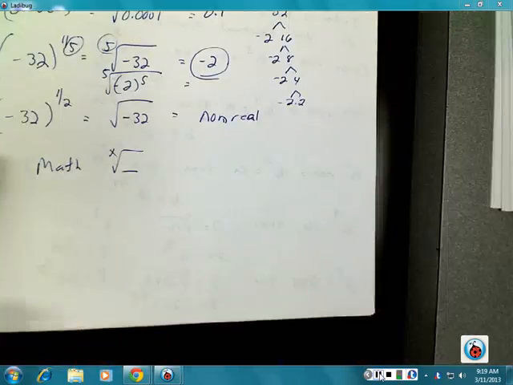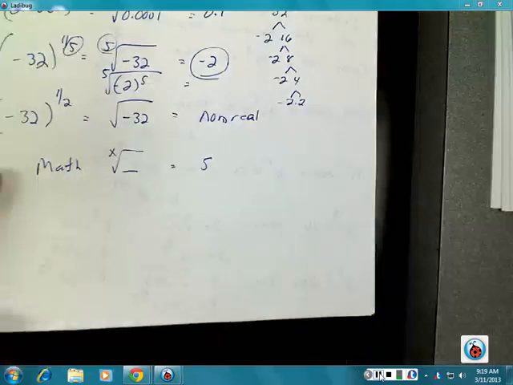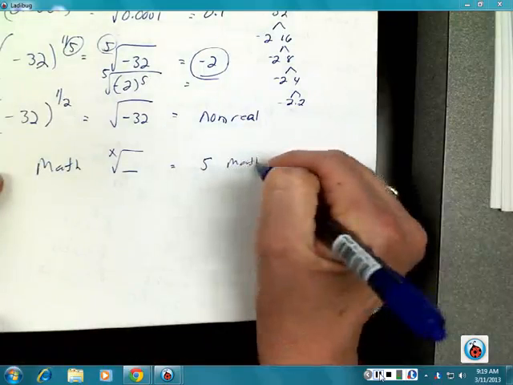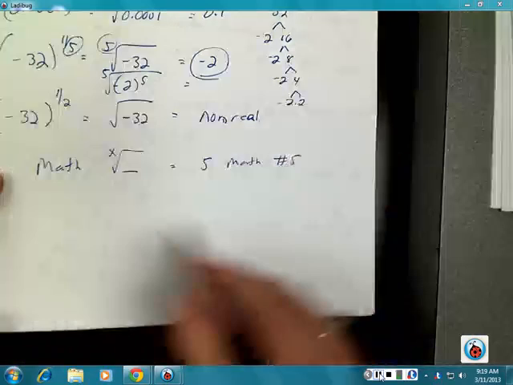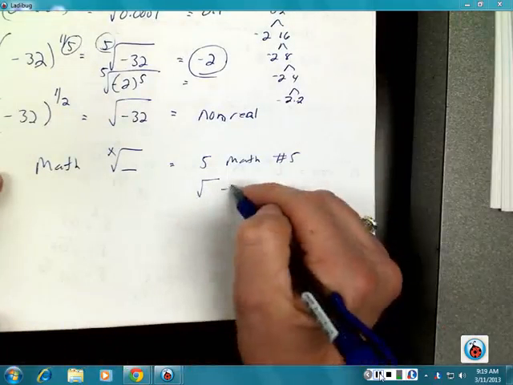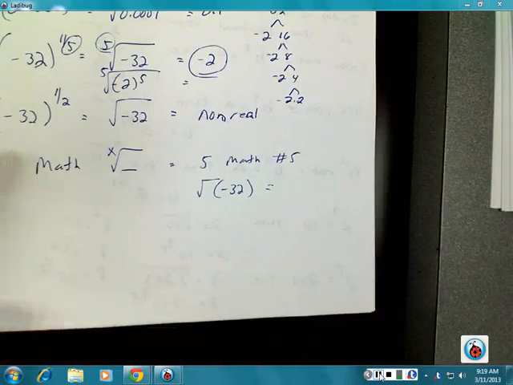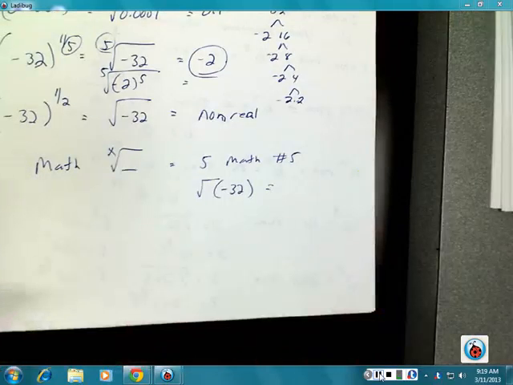When you do these though, you need to put in your index first. So you put in a 5, go to math, number 5, then you can put in, and it'll give you a radical, a negative 32 inside of parentheses, and hit enter, and you'll get your answer. Okay? So that's where it's at on your calculator.